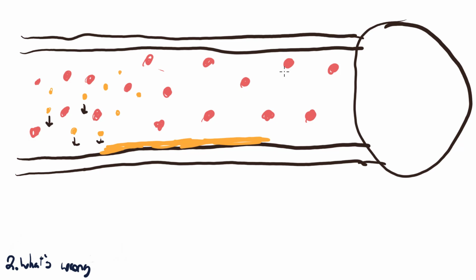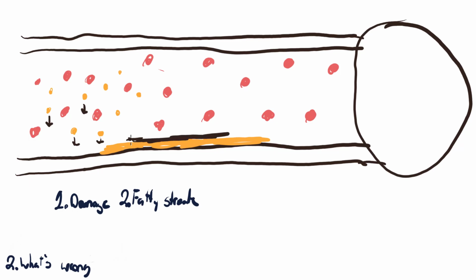But after it damages, here we'll write this out. You have damage, and then you have a fatty streak, kind of a not so nice name. But so then a fatty streak forms on top of this, right?